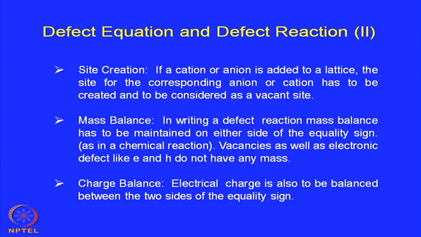So, that is obvious, and we have to take that into account. Charge balance: electrical charge is also to be balanced between the two sides of the equality sign. So, whenever you are trying to write an equation, just as in a chemical equation, we have to maintain both the mass balance as well as the charge balance, and that is really very important.